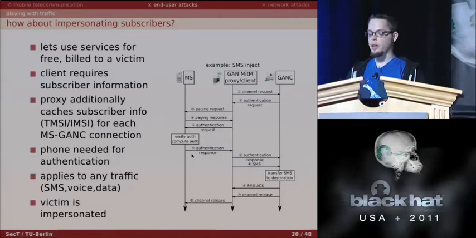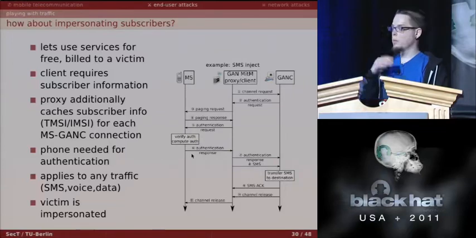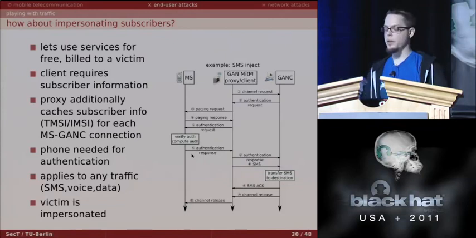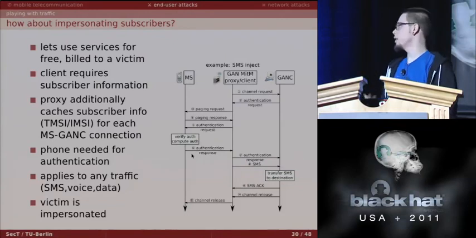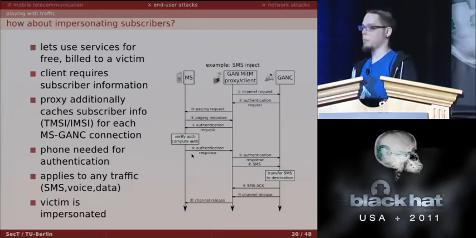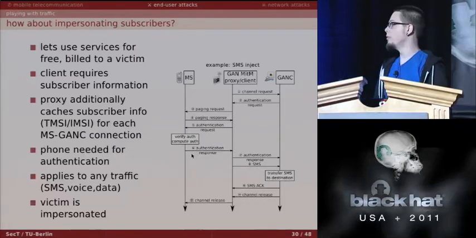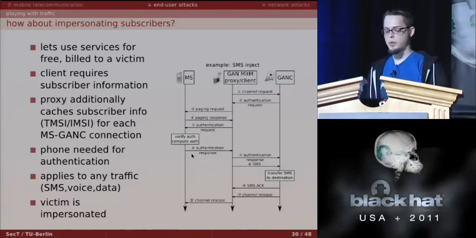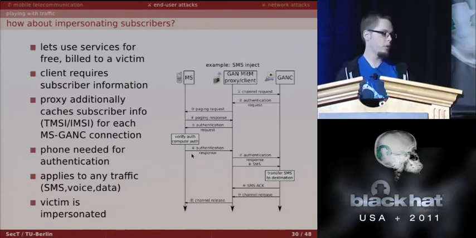And just as when we send something, you also have to authenticate when you receive the service. So the phone will happily answer this paging request, and afterwards we can just, like in a classical man-in-the-middle attack with some kind of oracle, forward the authentication request to the mobile phone. The mobile phone will then verify the message and compute a response that it will submit back to the proxy, which just forwards it to the network.